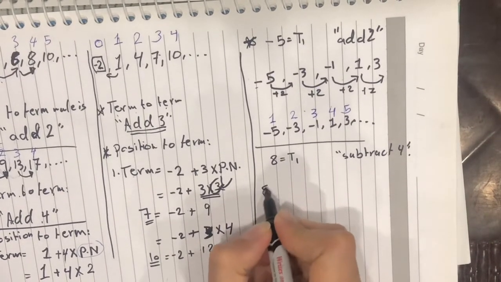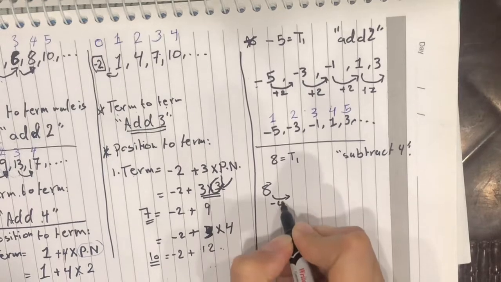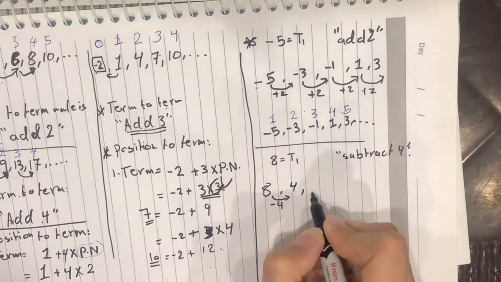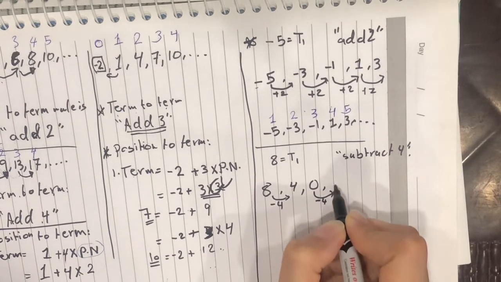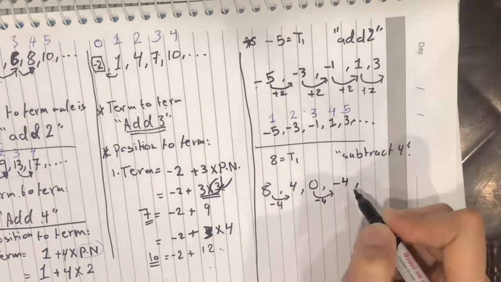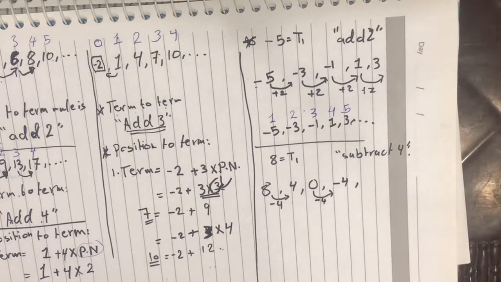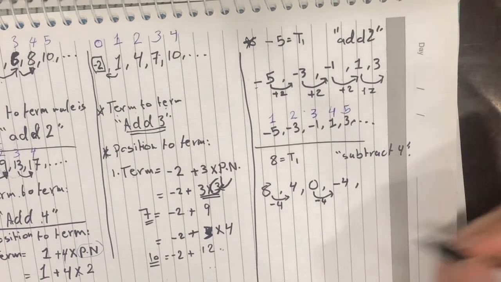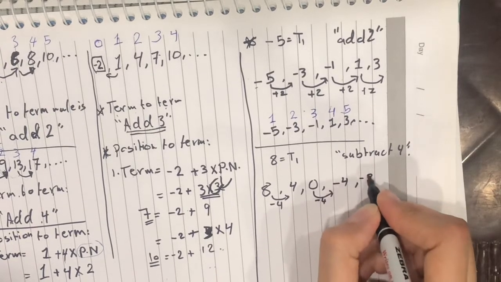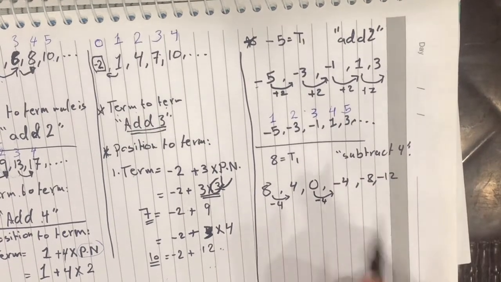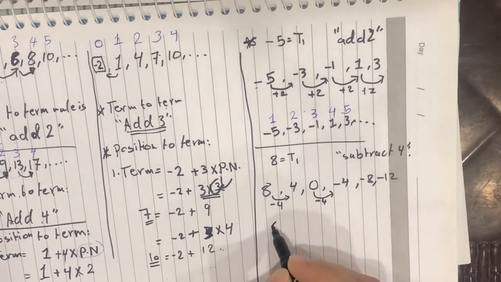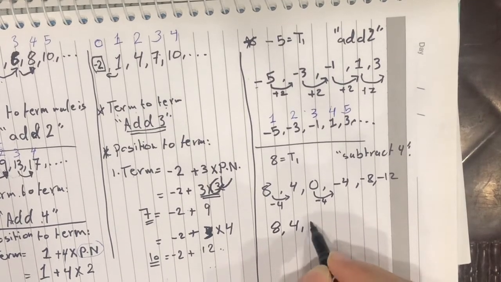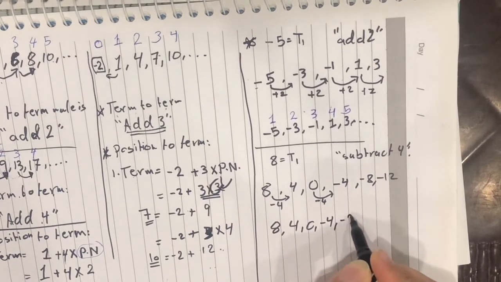So I start with 8. -4 will be 4. -4, 0. 0 minus 4 will be -4. -4 minus 4, sorry, -8, and then -12. -8 minus 4 will be -12. Those are the first 5 terms. So I write it as a sequence as 8, 4, 0, -4, -8, -12.